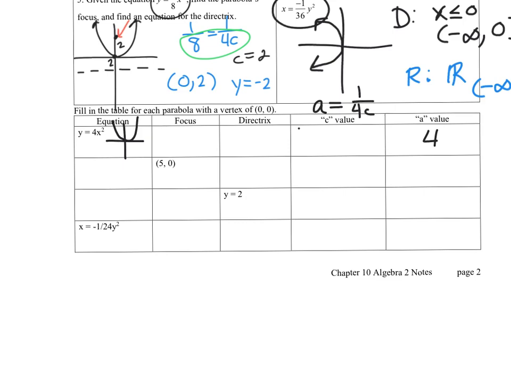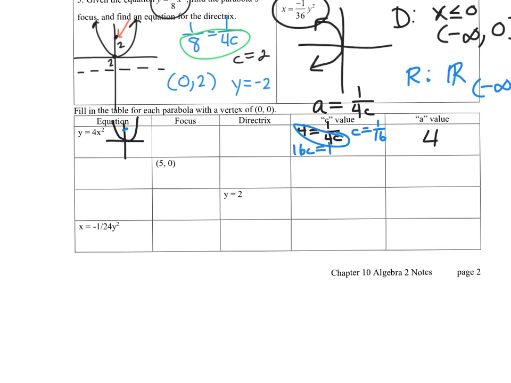So this is going to be 4 equals 1 over 4c. If I multiply both sides by 4c, I'm going to get 16c equals 1. So c is 1/16.